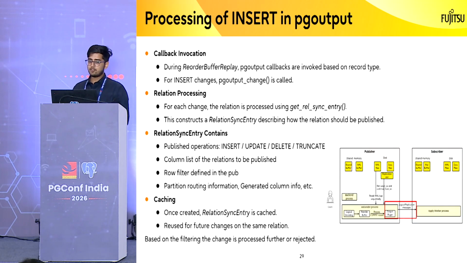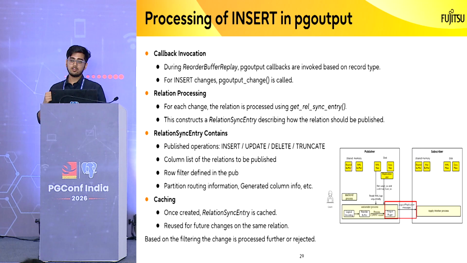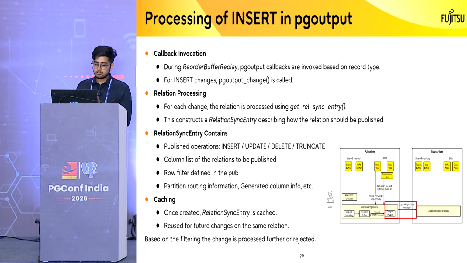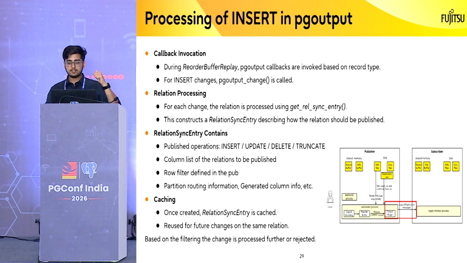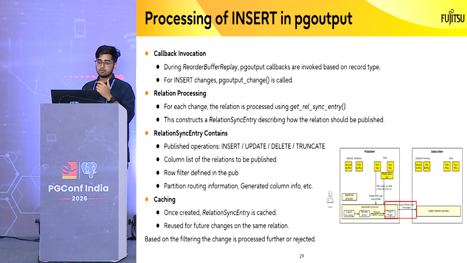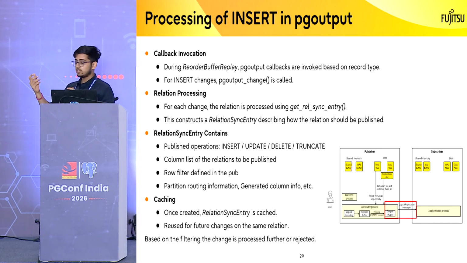Now let's see, when the changes are replayed inside the reorder buffer replay, which output plugin functions are called. For the first change, that is the insert change, pgoutput change is called, and for this change we check which relation it is for, and we construct a relation sync entry inside the function get_rel_sync_entry.